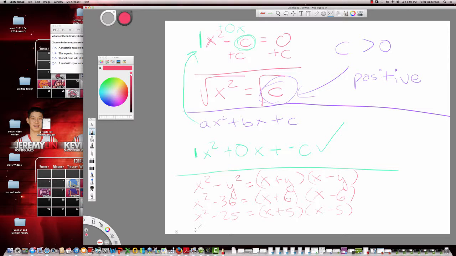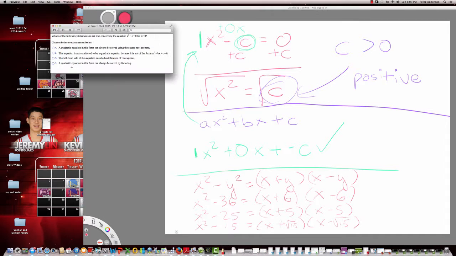Even if I gave you something like x squared minus 15, that's not pretty, but that's okay. It still breaks down to x plus square root 15 and x minus square root 15. So it still works no matter what. It may not be a nice clean number like 5 or 6, but square root 15 is still a number. So I guess that's what they mean by C.